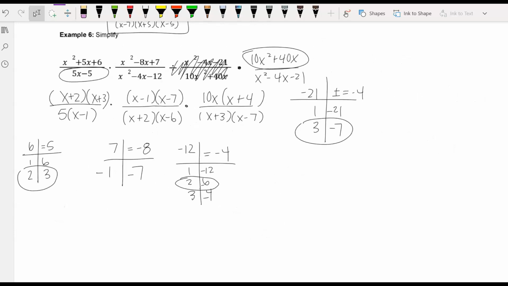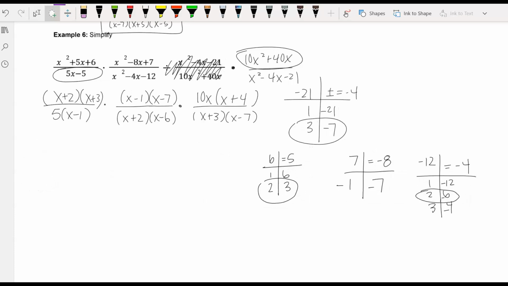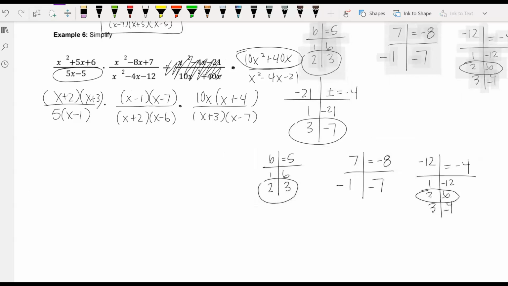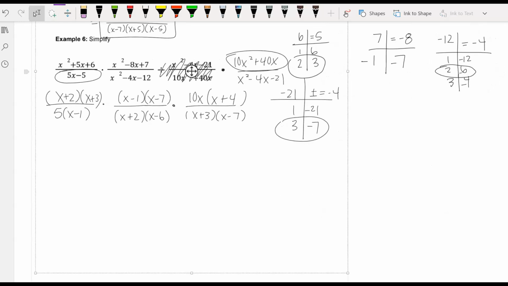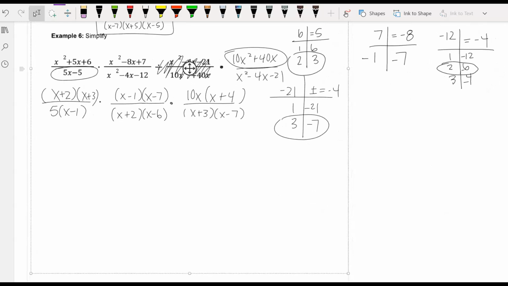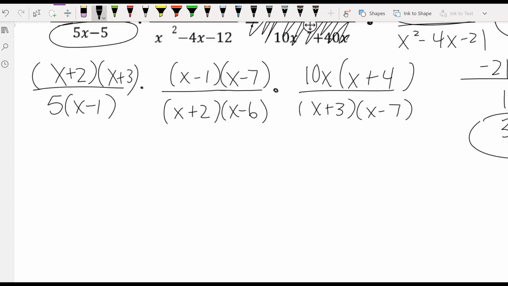I'm going to move my factor trees over so I have room to write my answer. So I'm just going to move those over here. Actually, I'm going to move them up there. Okay, so now looking at all of our factors, we want to find the ones on top and bottom.